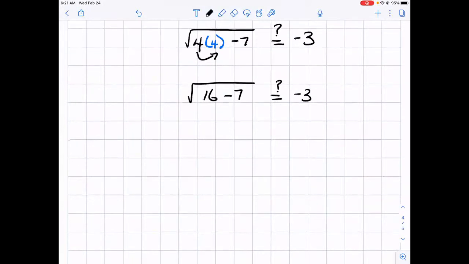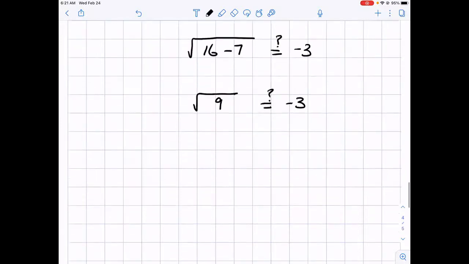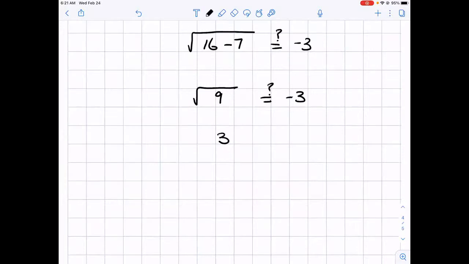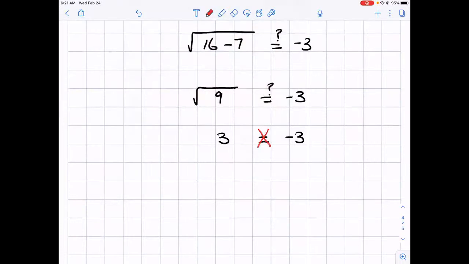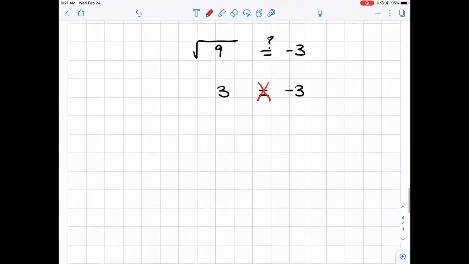Now 16 minus 7 is 9, and the square root of 9 is 3, okay? And we see that 3 is not equal to negative 3. So this here is not true, okay? This is false.